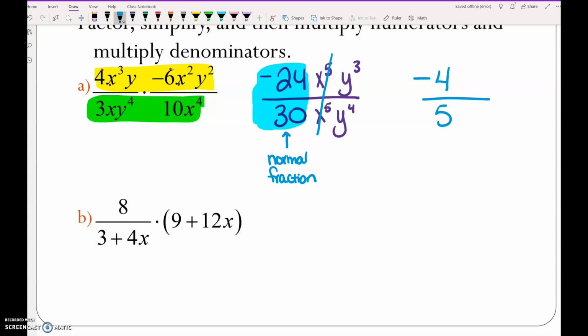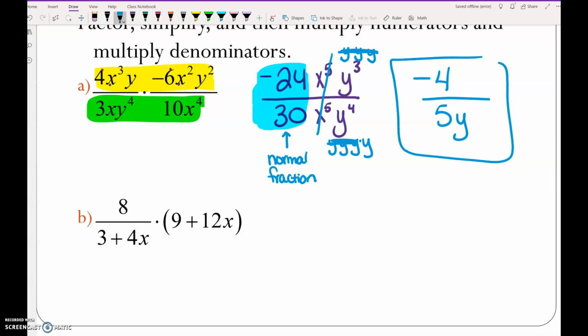The easier way to think of it is you have y to the third on top, that's 3 of them. You have y to the fourth on the bottom, that's 4 of them. These 3 cancel out these 3. What do you have left? A y on the bottom. So think of it as the 3 on the top cancel out 3 of the 4 on the bottom, leaving 1 left over on the bottom. And that's your answer, negative 4 over 5y.